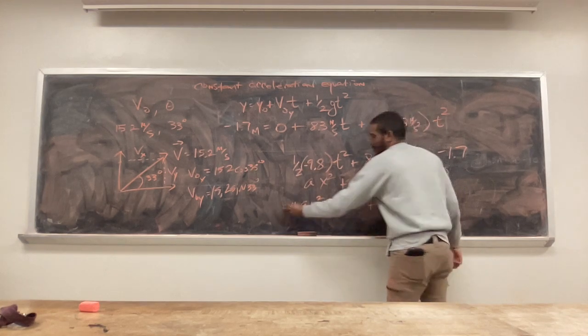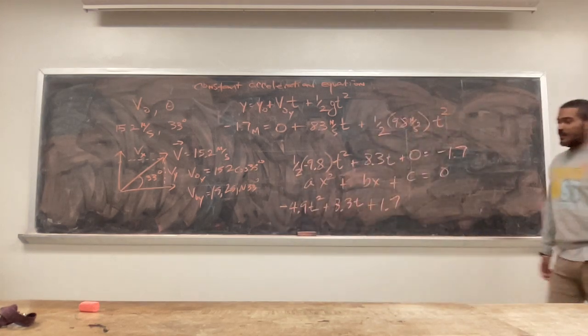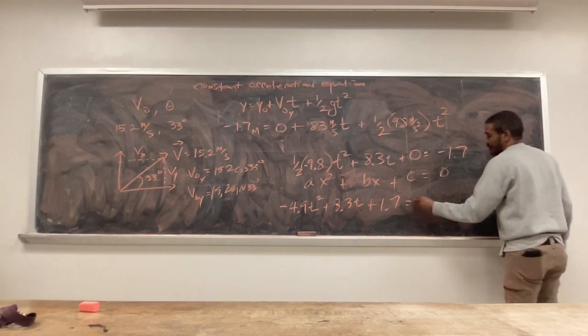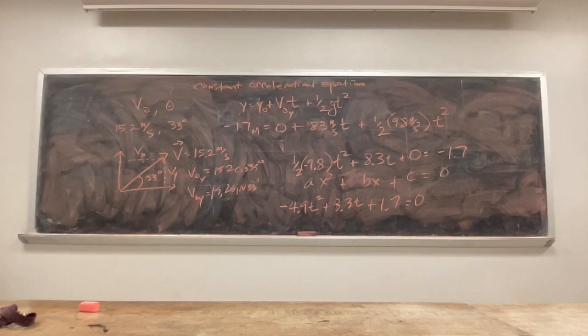That's going to make that negative. I think so. But sometimes I get confused. If it's going down, does that mean the gravity is negative? Well, is it because you throw it up? Yes, it's negative. Okay.